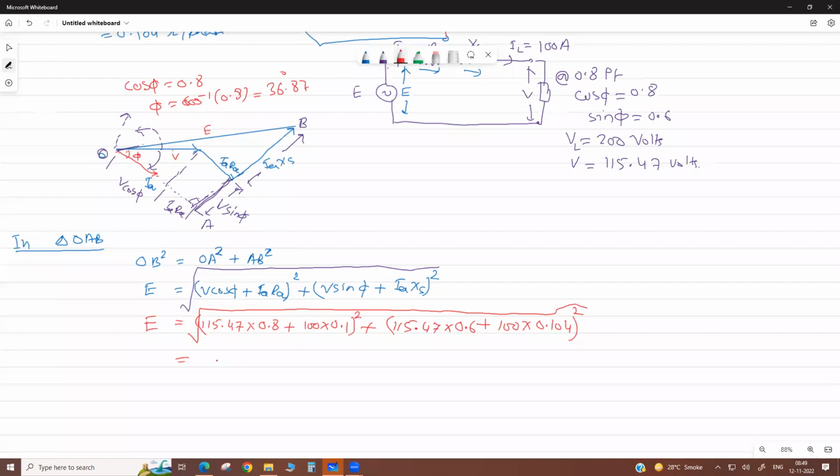So here the first part becomes 102.37 square, plus what is the value of this? 115.47 into 0.6 plus 100 into 0.104.